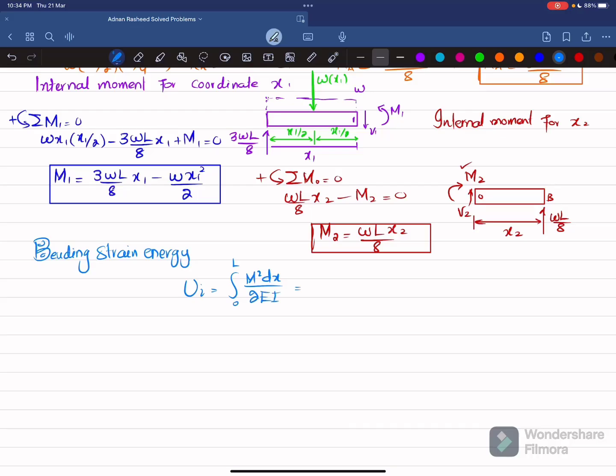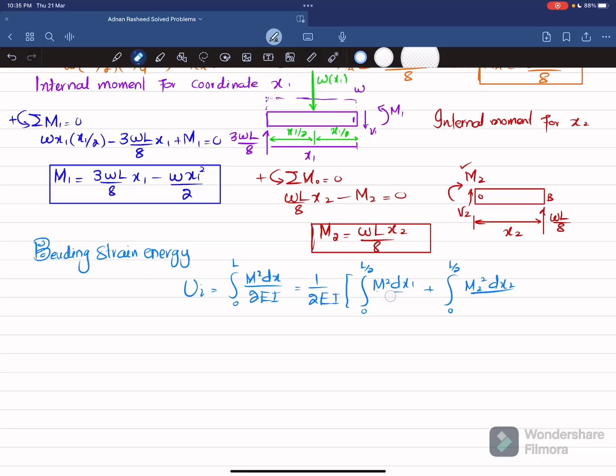If we take EI as common, because we have two coordinates, 2EI will be outside and we will be left with integral of M1 squared dx1 over 2EI, and the limit will be from 0 to L by 2 for x1, plus integral of 0 to L by 2 and moment will be M2 square dx2. So 2EI is already taken outside, so no need to repeat it.